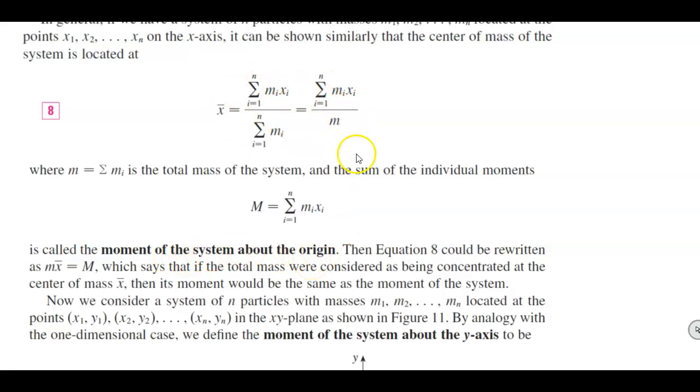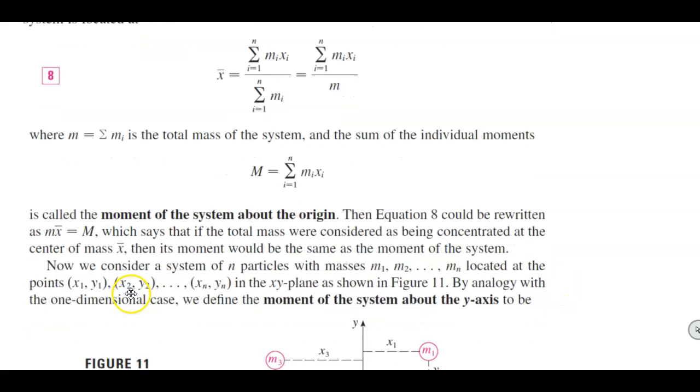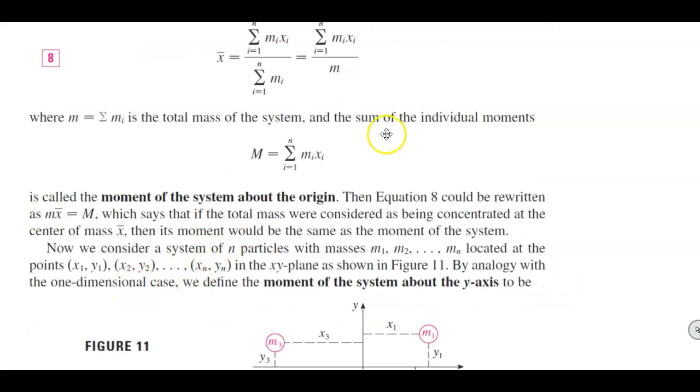So then equation 8 could be rewritten as m times x bar equals the moment, which says that if the total mass were considered as being concentrated at the center of mass, x bar, then its moment would be the same as the moment of the system.